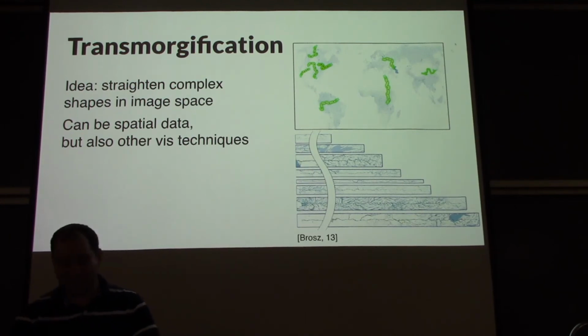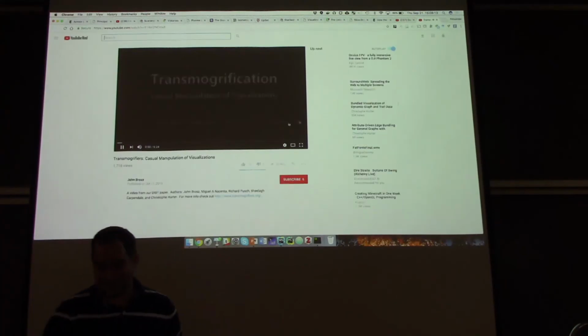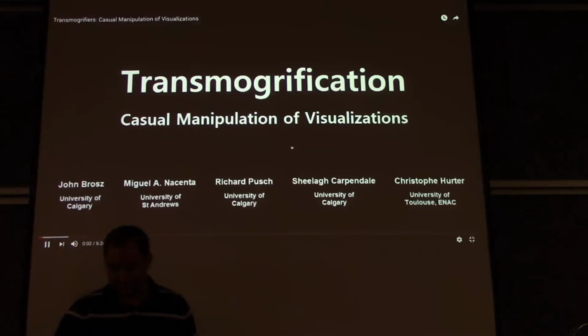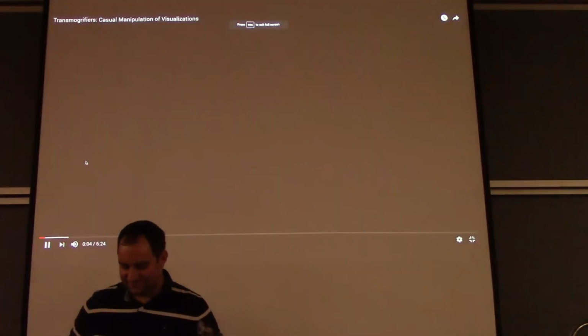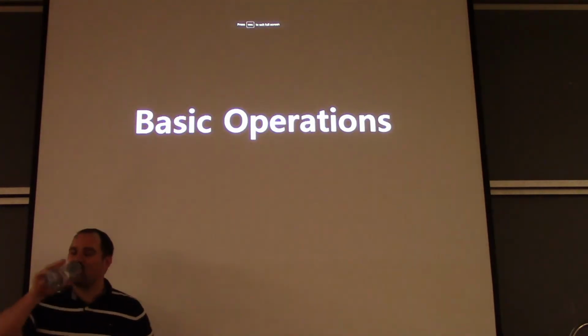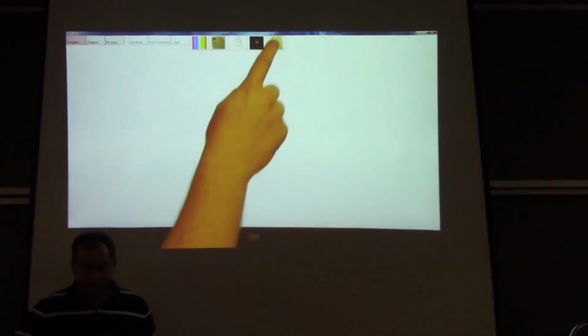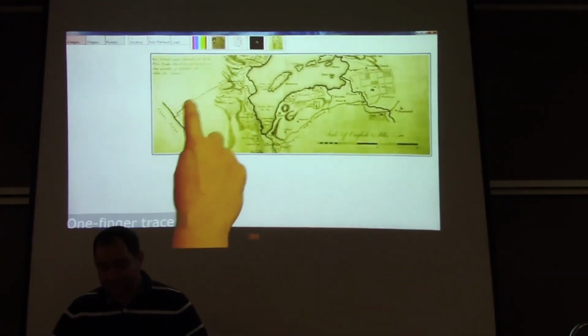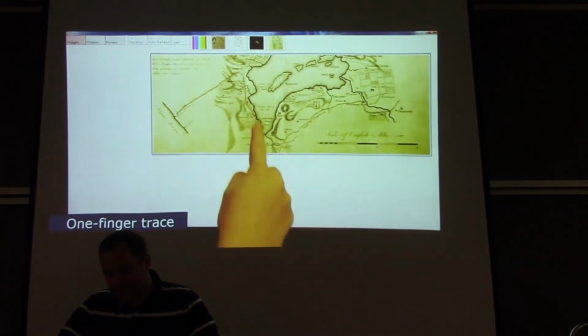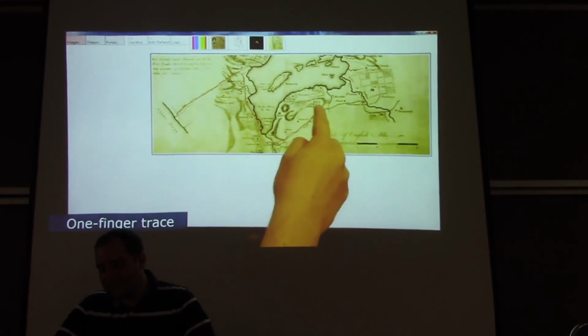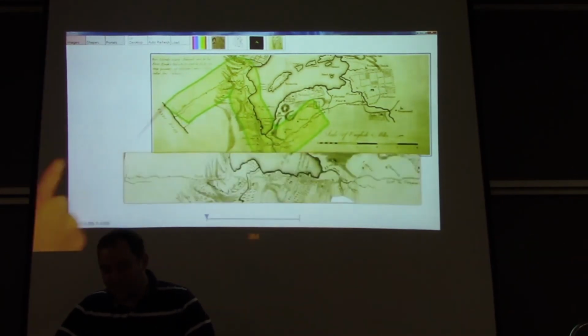And they actually pick up this term to transmogrify various different things. So they select something by tracing it, and then they extract it and show a linear representation of it.